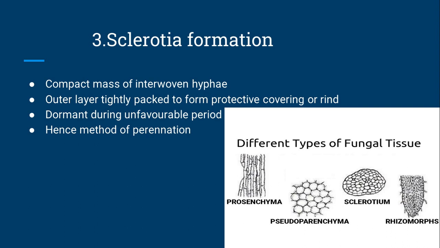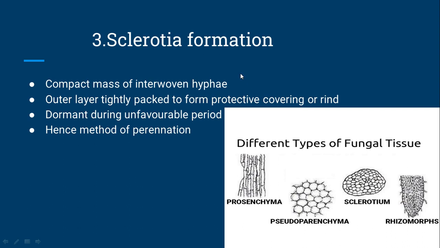Hence, sclerotia can act as a method of perennation. But once they get favorable temperature and moisture conditions, they germinate and grow into a mature mycelium. So this is the sclerotia formation.